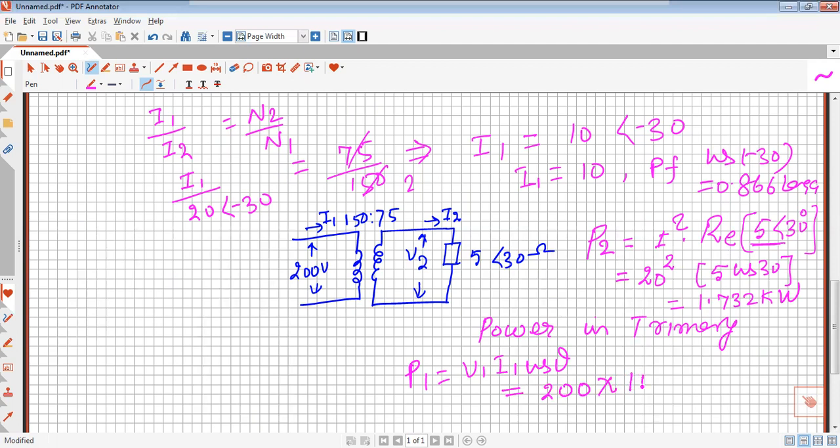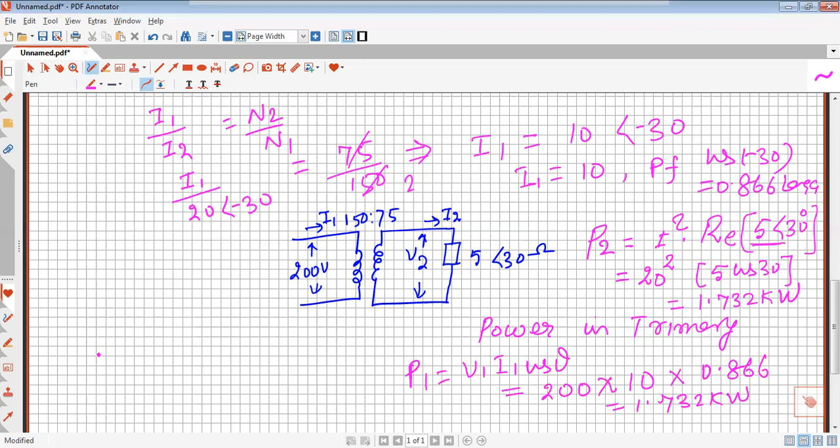Current I1 is given as 10, multiplied by the power factor 0.866. After solving this, we again get 1.732 kilowatt, because this transformer is lossless, so there will not be any loss. So primary power and secondary power are the same.